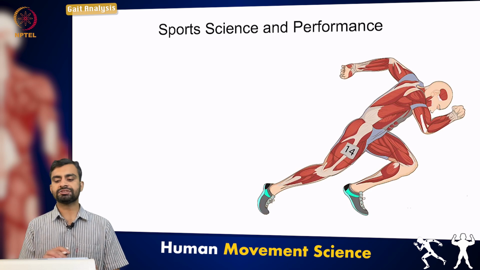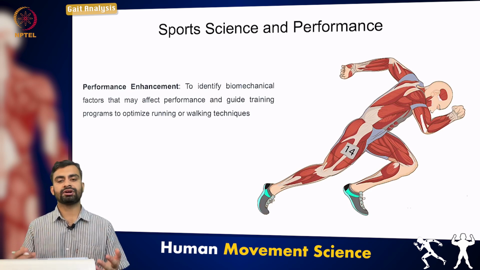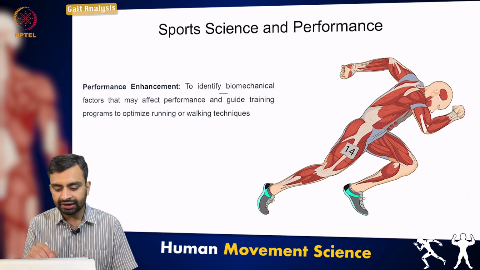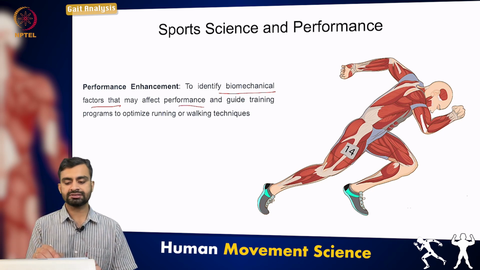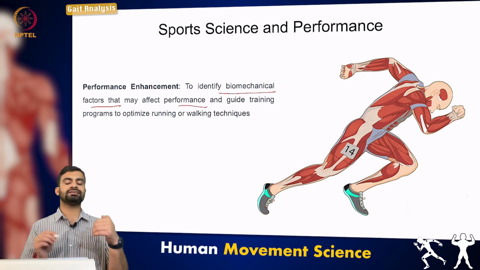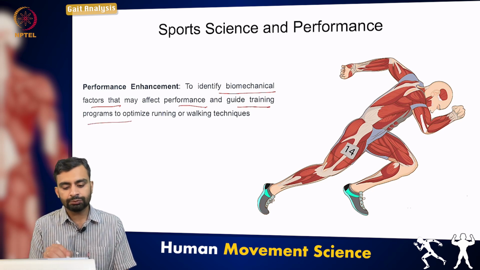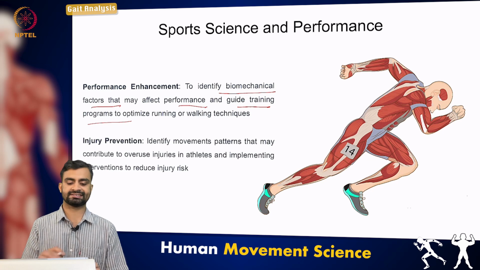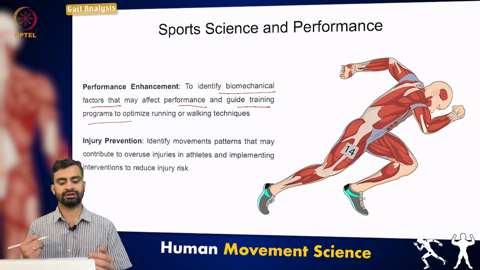In terms of sports science and performance, gait analysis plays an important role in performance enhancement, where it is utilized to identify the biomechanical factors which affect the performance and help coaches and trainers in developing programs to optimize their running or walking techniques, or in general any specific sporting movement.